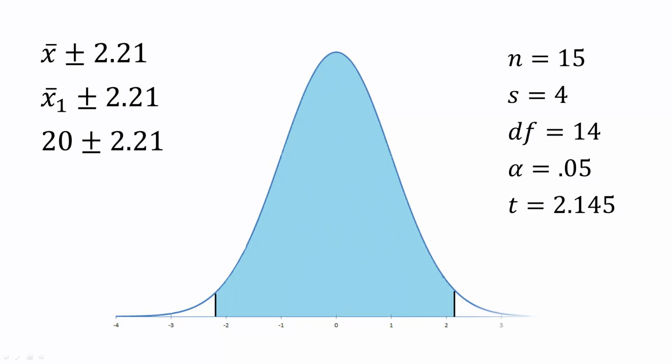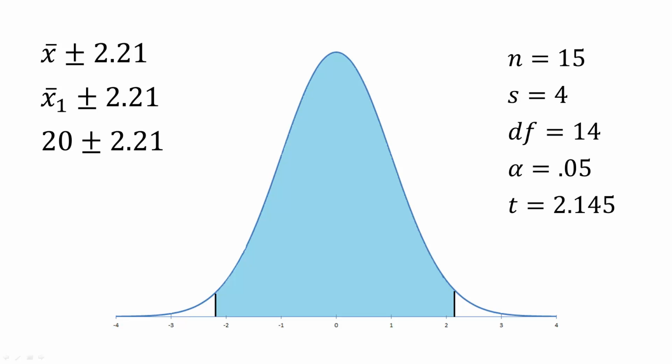So remind ourselves that the sample size was 15, the sample standard deviation was 4, the degrees of freedom were 14, because that's 15 minus 1, our alpha level is 0.05, or you can think of it as a one tail or each tail of 0.025, but the overall alpha is 0.05, and that led to a t value of 2.145.